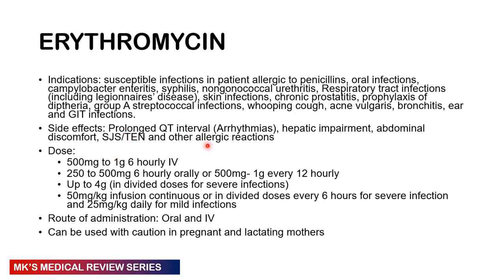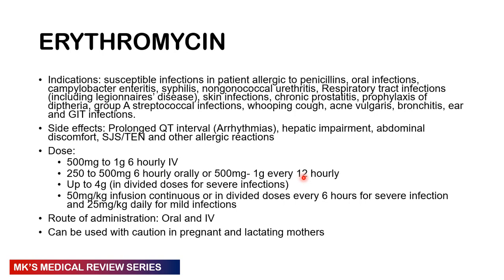Some dosages include 500 milligrams to about 1 gram 6 hourly, so you can give this 4 times a day IV, or 250 to 500 milligrams 4 times a day orally, or 500 milligrams to 1 gram 2 times a day every 12 hours.